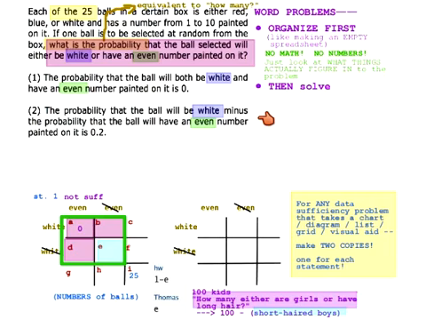What does statement 2 mean about numbers of balls, count numbers? Thomas, that's a thing, and what is equal to that thing?